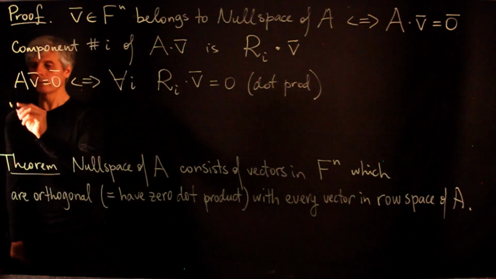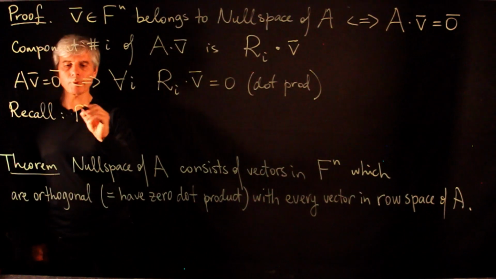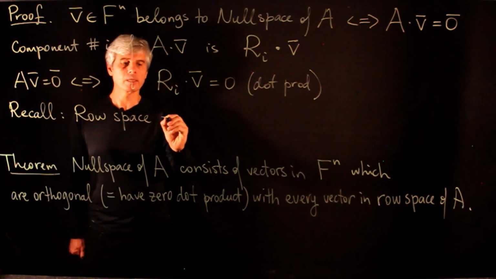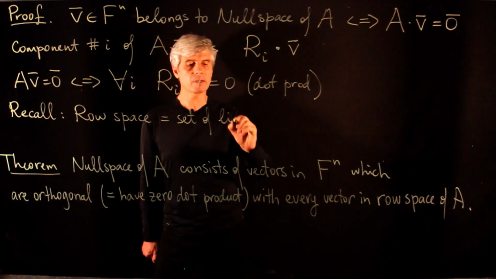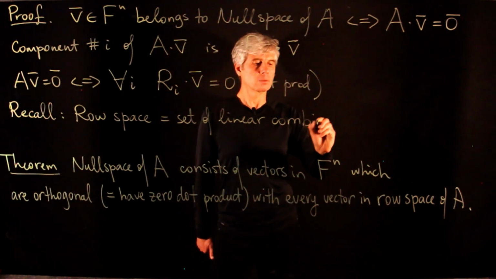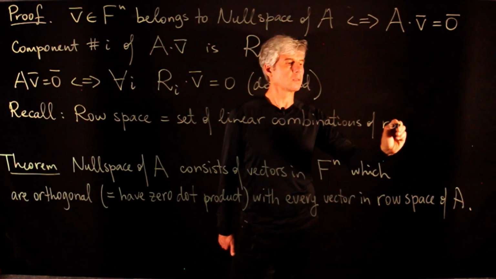So we recall that the row space is the set of linear combinations of rows of A.